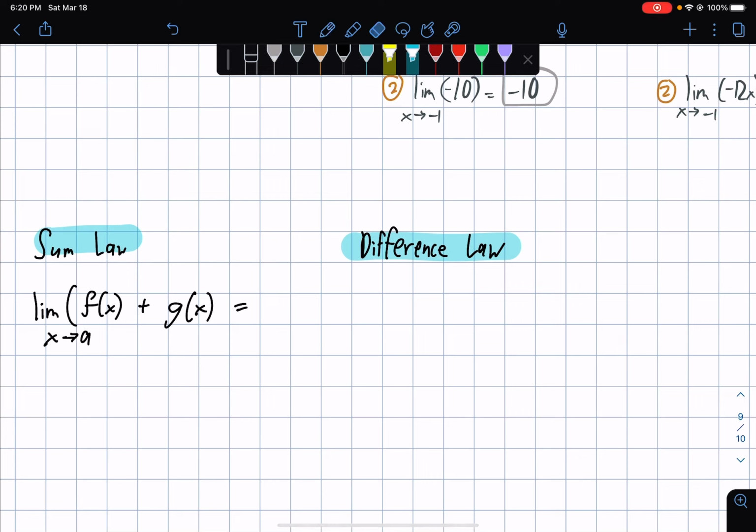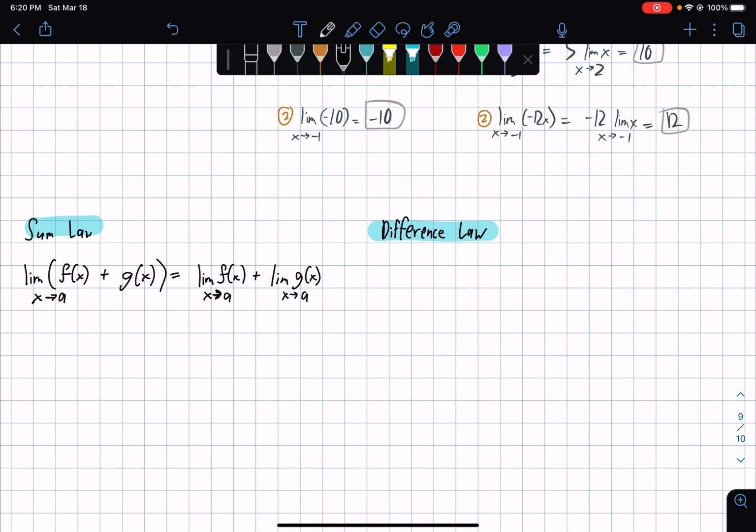This is basically a reverse distributive property. Oh, no. This is you apply distributive property. So that's going to be equal to lim f of x such that x approaches a plus lim g of x such that x approaches a.